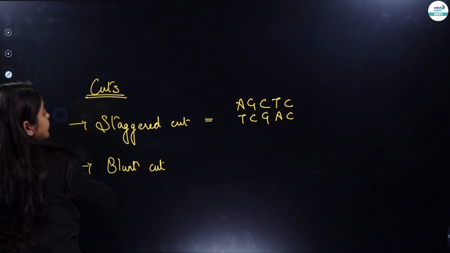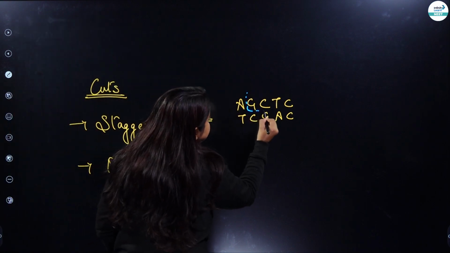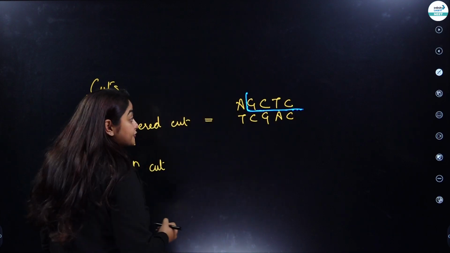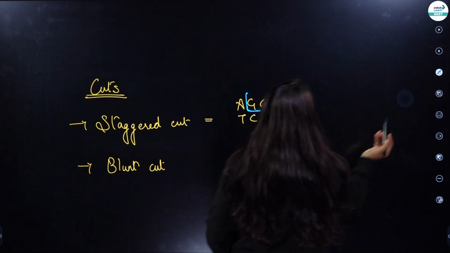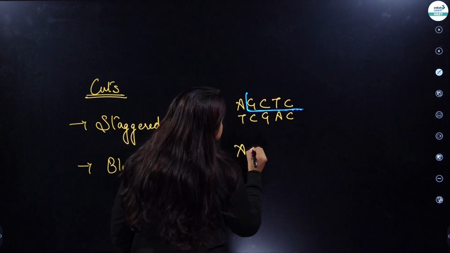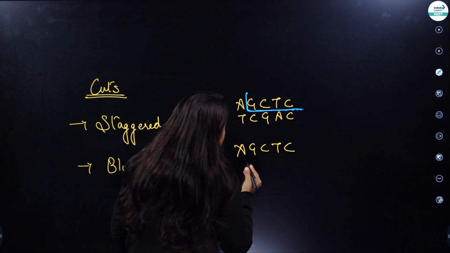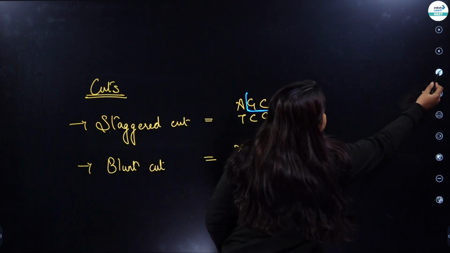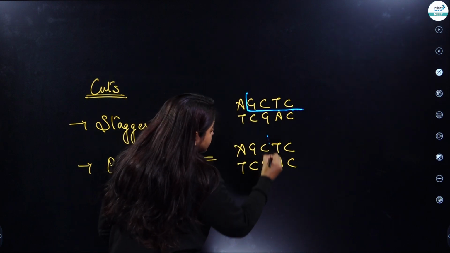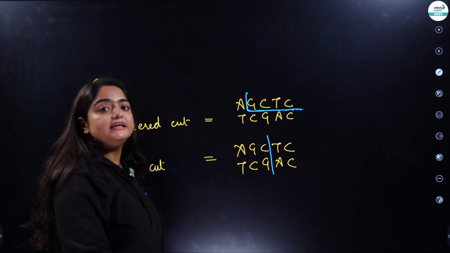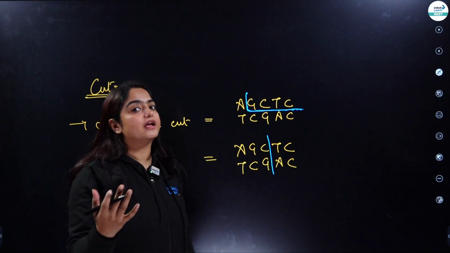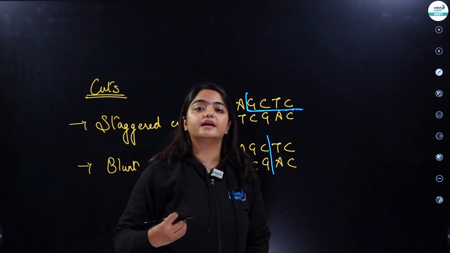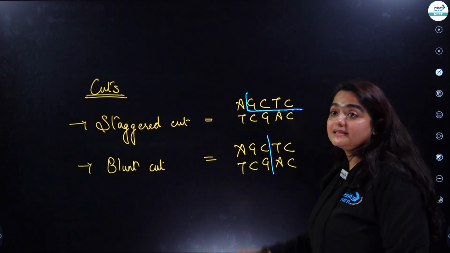So if I say that there is a staggered cut, तो ये इसको DNA को इस तरीके से कट करेगा, ठीक है? This will be the staggered cut over here. वहीं अगर मैं blunt cut की बात करती हूँ, अगर मैं same sequence का blunt cut करना है मुझे, so the blunt cut would be like this. Okay, bluntly it would cut the sequence or the fragments of the DNA, and the staggered cut is going to do like this, right?